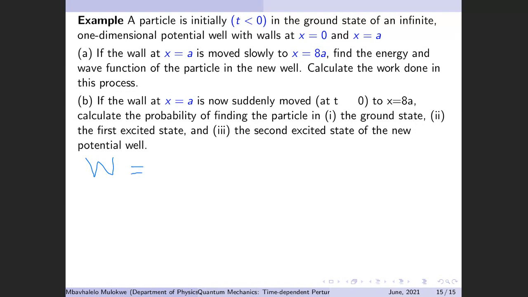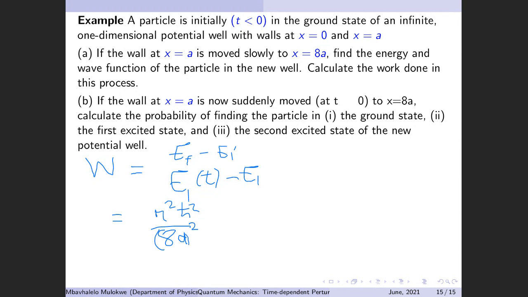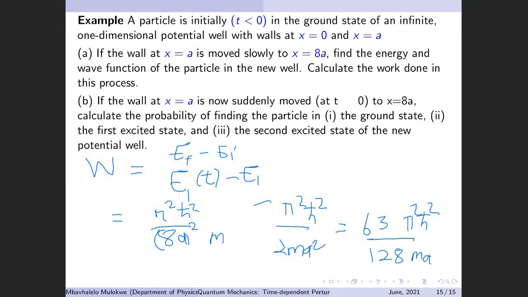So I get E will be given by E_1 at a later time minus E_1. So this is E final minus E initial, and E final would be pi squared h bar squared over 8 m a squared minus pi squared h bar squared over 2 m a squared. I'm not getting a negative number. I got 63 pi squared h bar squared over 128 m a squared.